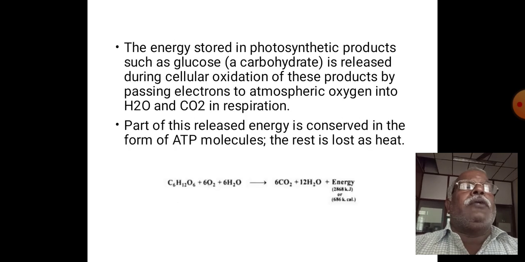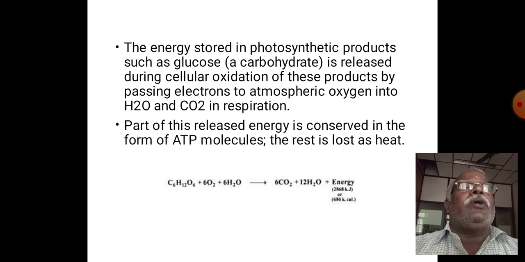The energy stored in photosynthesis is in glucose, that is a carbohydrate. The carbohydrate is oxidized during cellular oxidation, and the electrons are passed to oxygen, forming water and carbon dioxide during respiration.